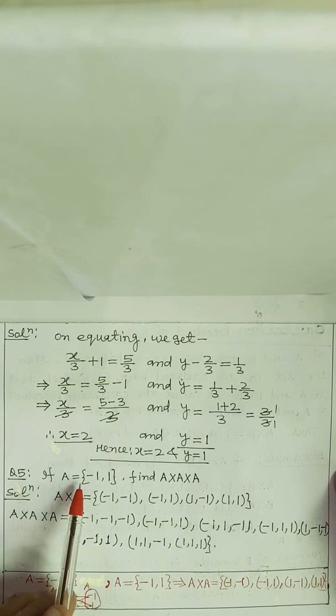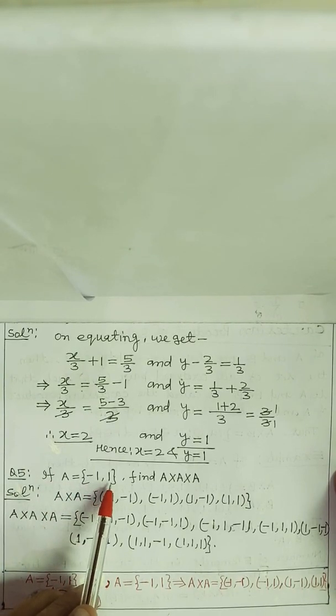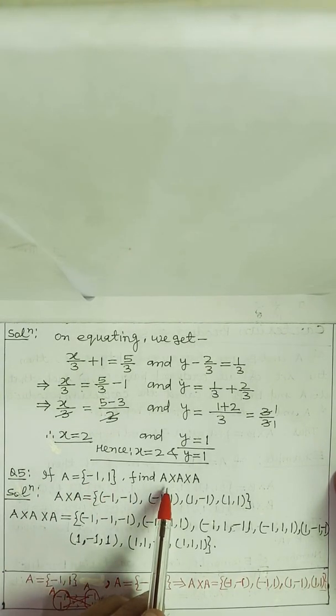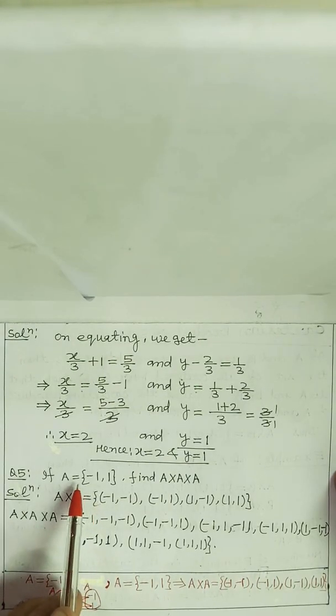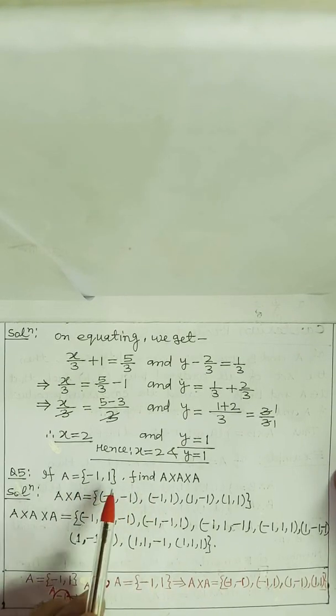Question number 5, if set A equal to {-1, 1}, find A cross A cross A. In this type of question, first we find A cross A, and after that we find A cross A cross A. Then what is A cross A?